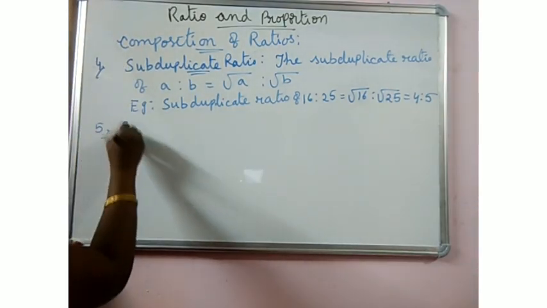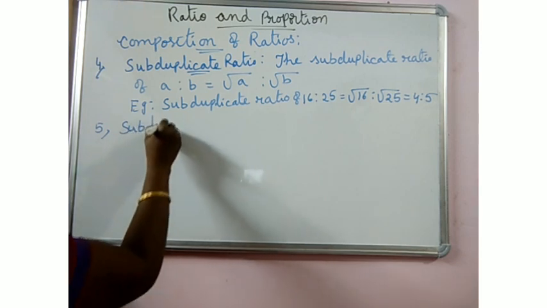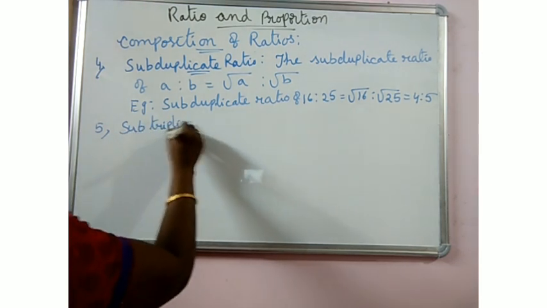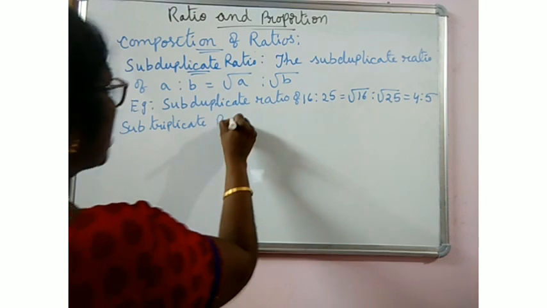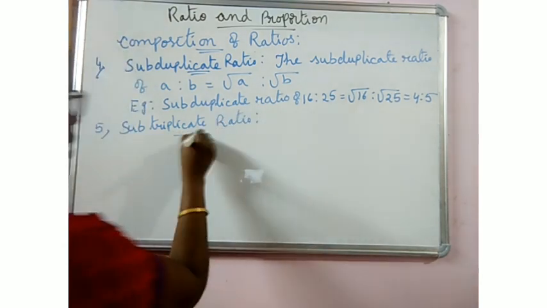Fifth one. Same way. Subtriplicate. Triplicate means cube. Subtriplicate means cube root. Okay.